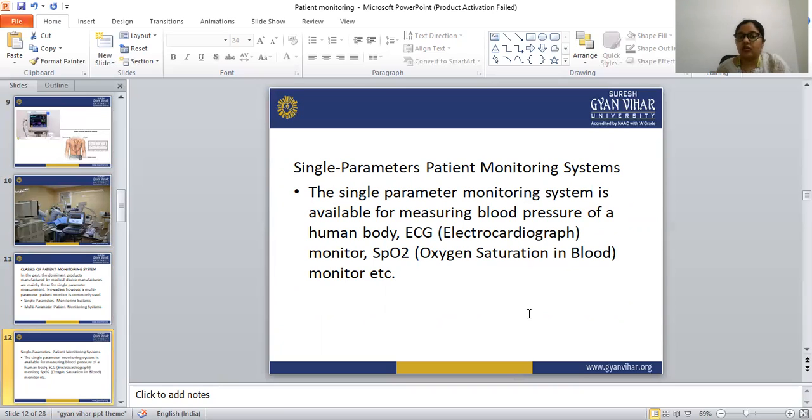But these cannot all be done together. For measuring blood pressure there is one device, and for monitoring the ECG there is another device. So these are single devices. If we are monitoring the ECG from an ECG machine, only the ECG is possible from that machine. But with multi-parameter, we can measure everything together.